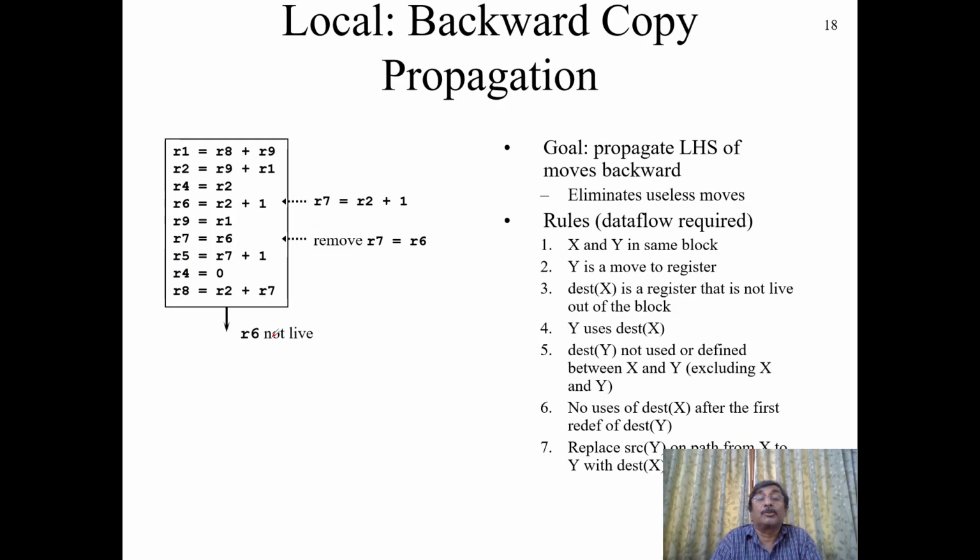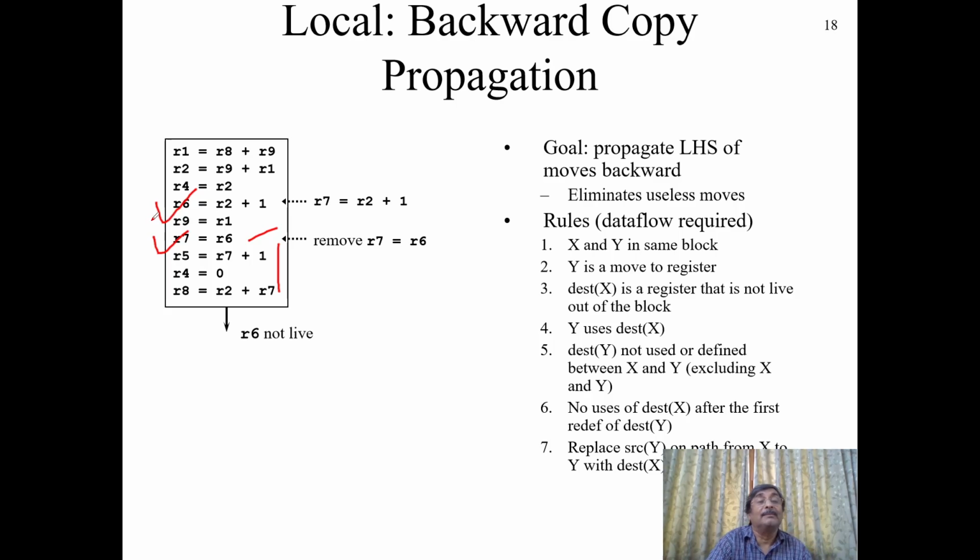Now backward copy propagation. So I will propagate the copy backward. What does that mean? That means you see in this code, I get this R7, right? R7 is R6. Is R7 used here? No, R7 is not used. So R7 is just R6, a copy of R6. So this is the place where R6 was generated, was defined, and here R7 copies it. The question is, is this copy required?